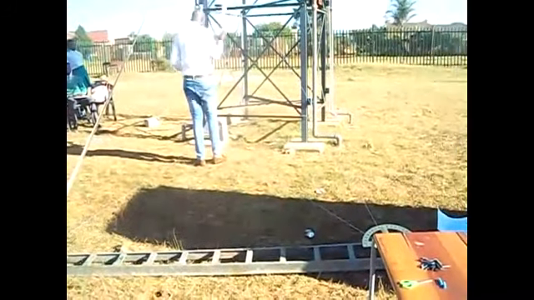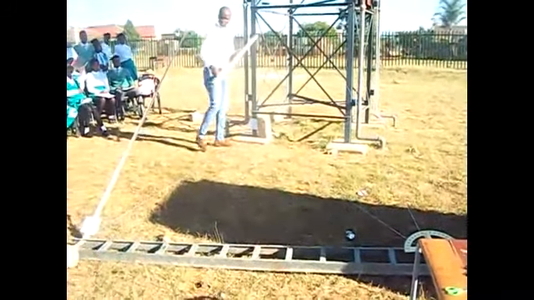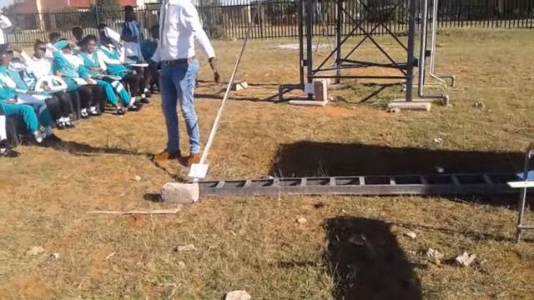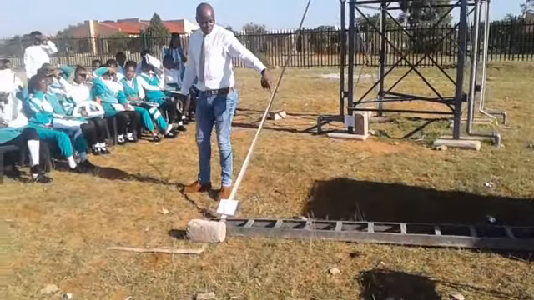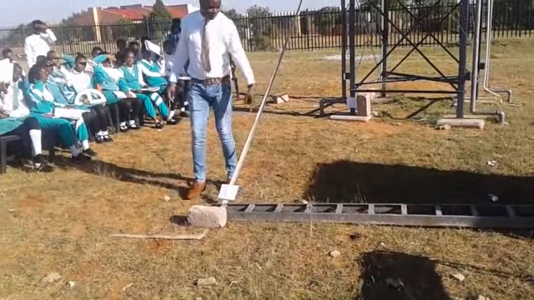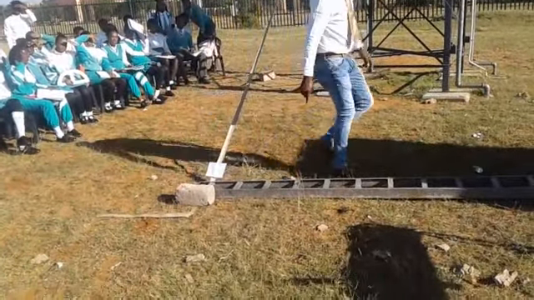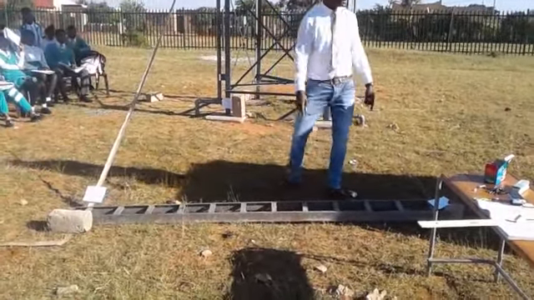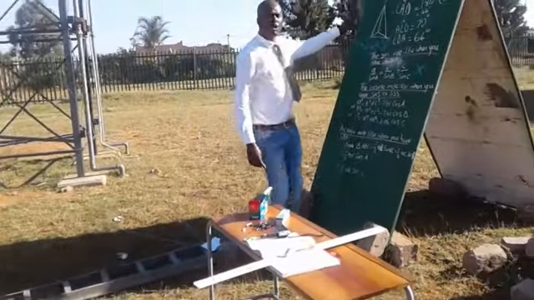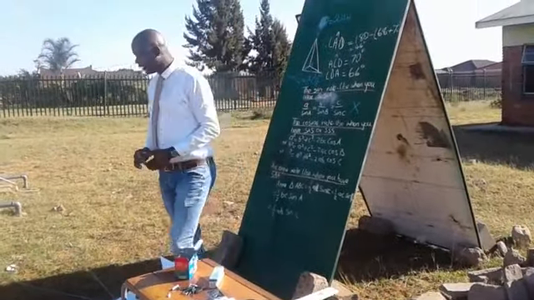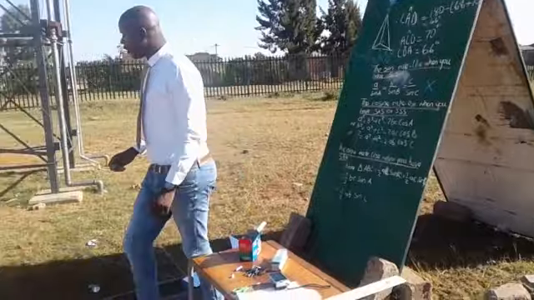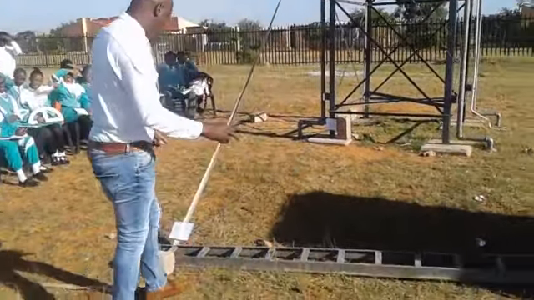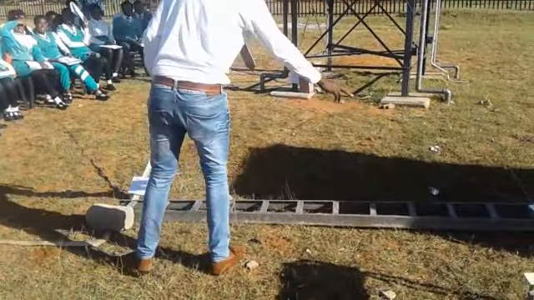To find this, we are going to use this step ladder, because with this step ladder we are going to make side CD, because we know that the side CD equals 2.8 meters. Therefore, what do we know? We know the three angles of triangle ACD and the length of CD.